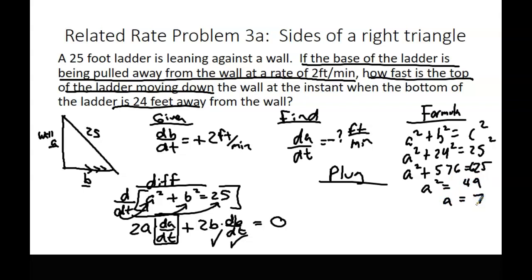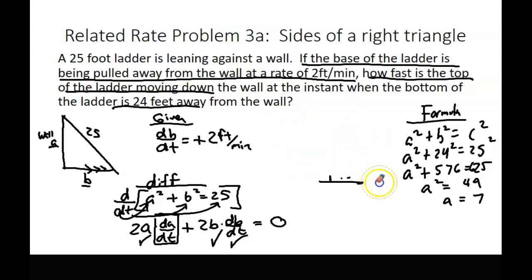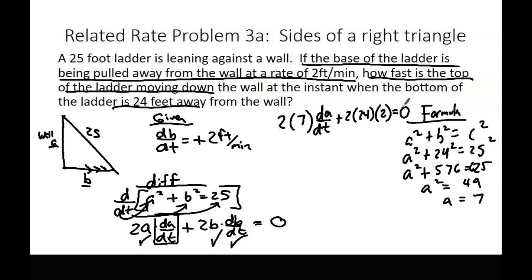Okay, so now we're ready to plug in. I know what A is, I know what B is, and I know what dB dt is. So let's plug it in and solve. Okay, so we have 14 dA dt plus 96.